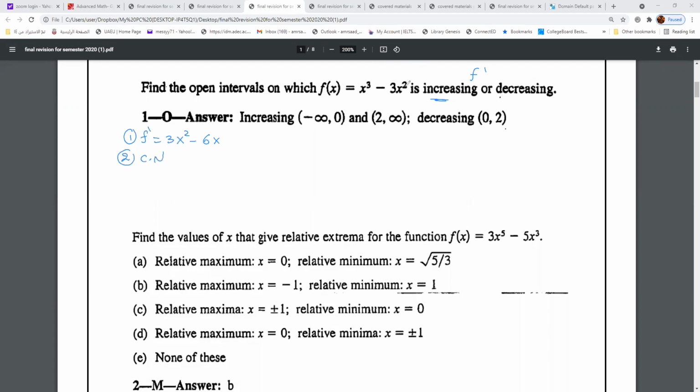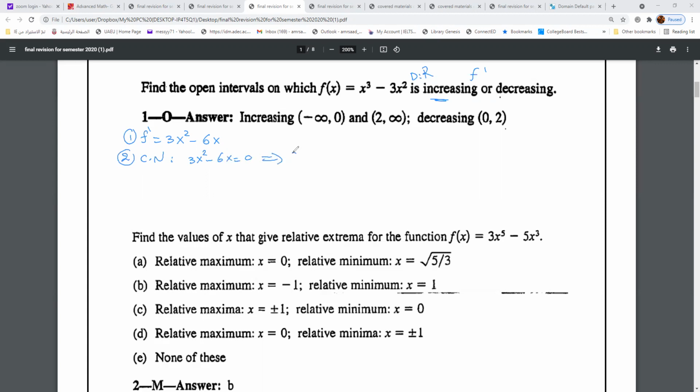You have to know the domain here of any polynomial function: all real numbers. Okay, here I have to find the values at which the first derivative equals 0. I don't have values of x at which the derivative does not exist because it is a polynomial. 3x squared minus 6x equals 0.